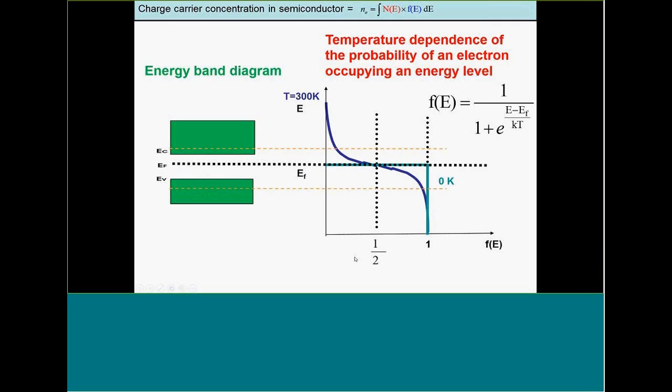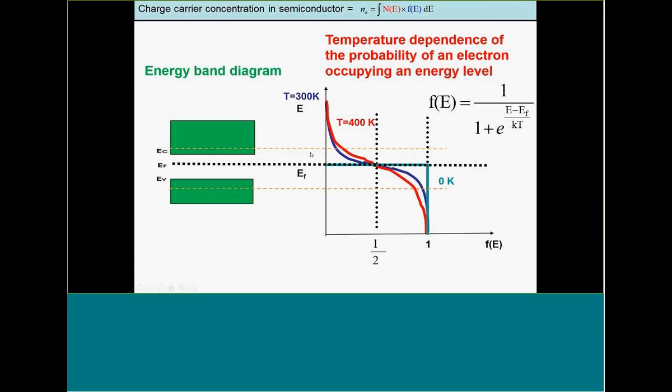If we increase to a much higher temperature, you can see that there's a high chance of the electron not occupying a level here, and a high chance of it being occupied here. See, there's an increase in the probability in this particular region, and a decrease in the probability of it being occupied in this region.